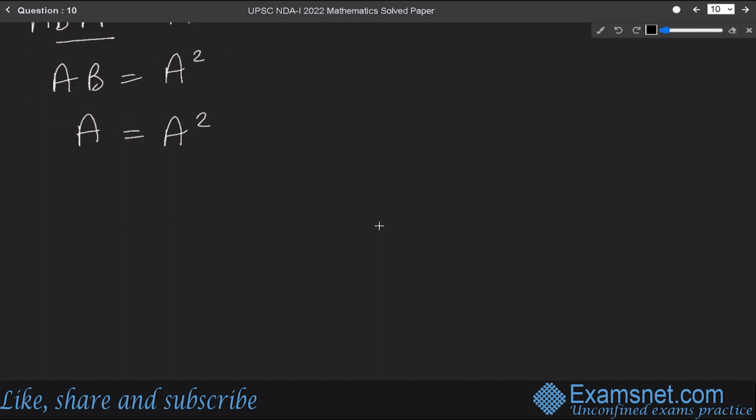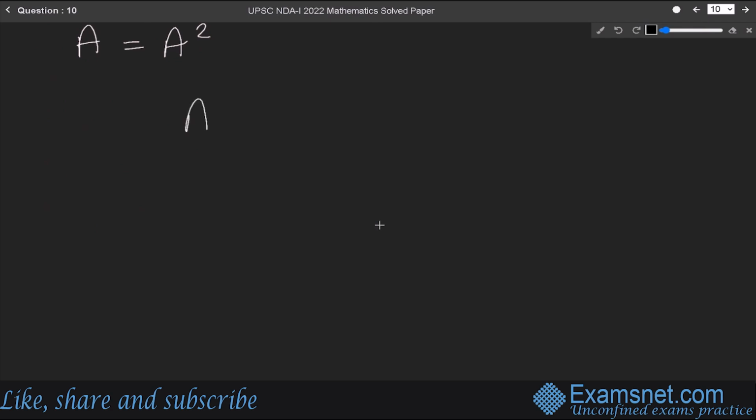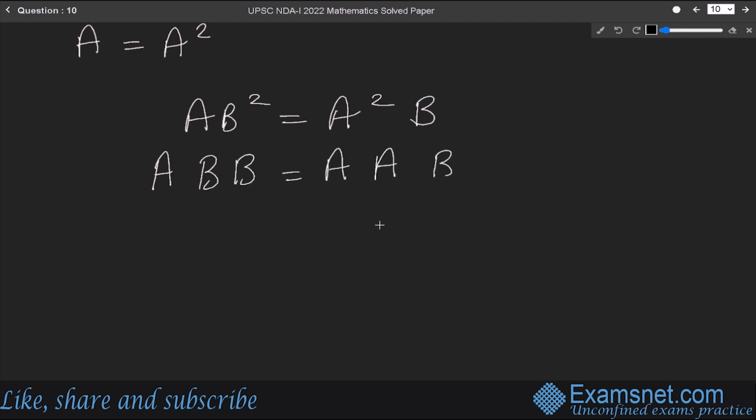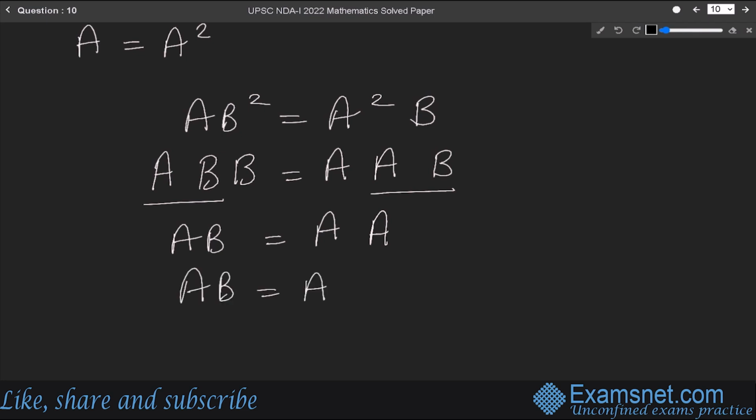Now let us look at the second statement, which is AB square is equals to A square B. Again, writing it as A into B is equals to A into B. Now replacing the value of AB in both the sides, we get AB is equals to A into A. Since we know that AB is equals to A, so replacing AB by A, we get AB is equals to A into A. Again, AB is equals to A square.